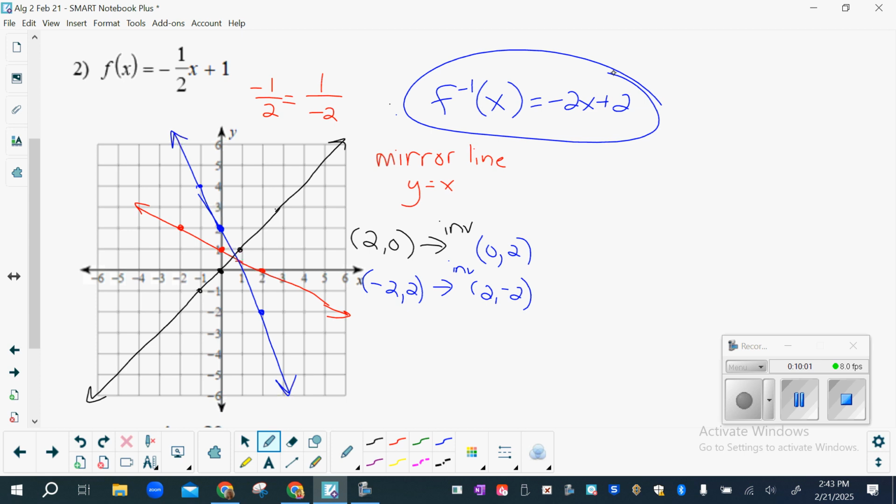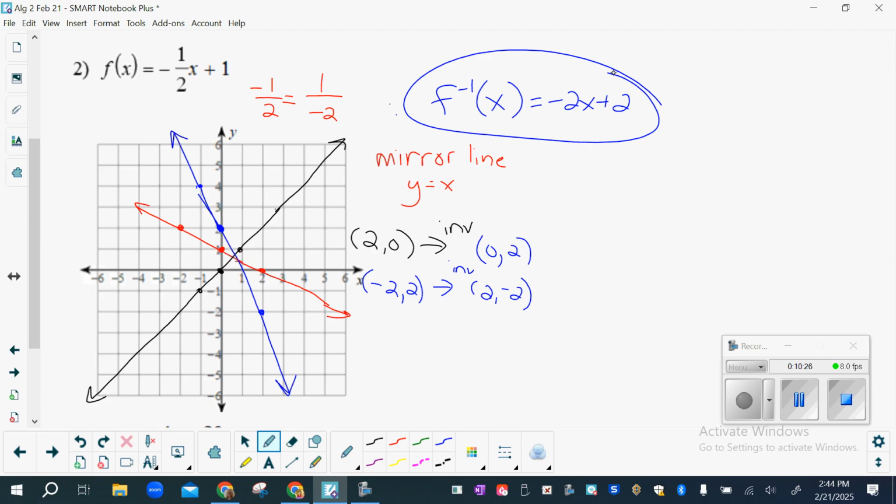Okay, so once again, that red line was the original. Our mirror line is the blue. We start with the y-intercept 2, and then the slope up 2, left 1, so -2. Questions on that? If you're having trouble graphing points and graphing lines, this is going to be hard for you. It's the same every time.